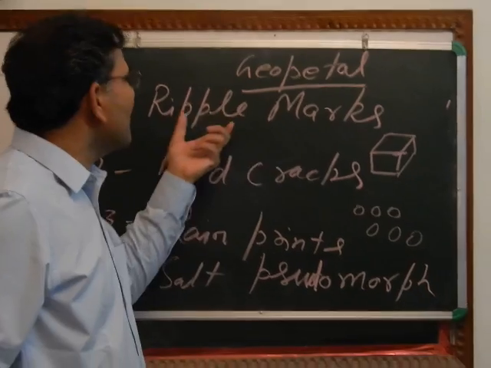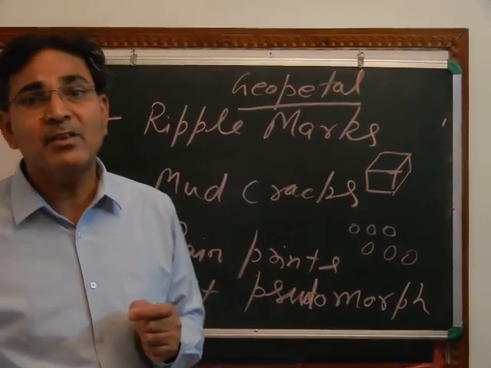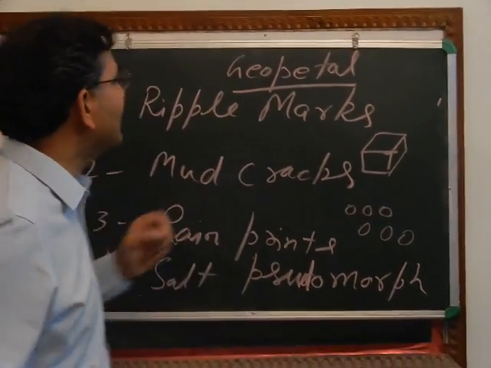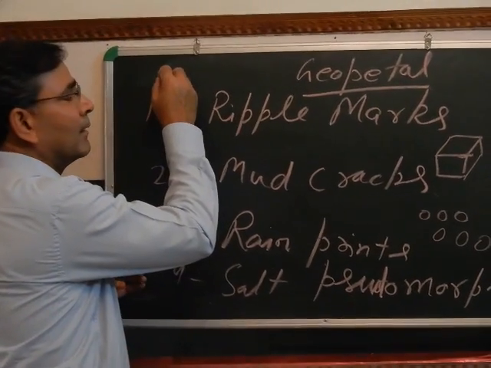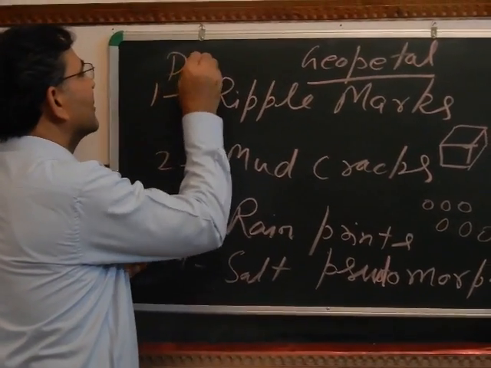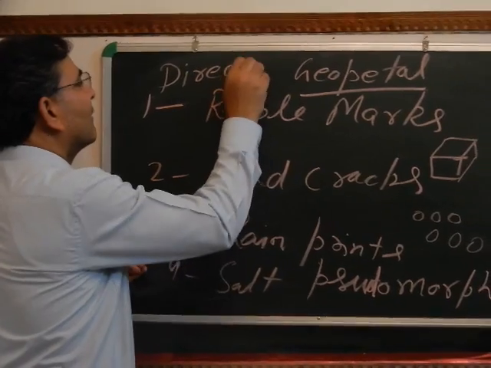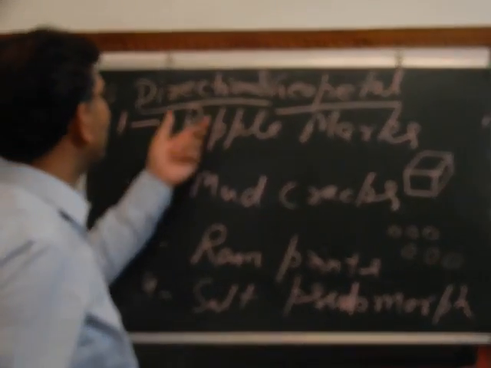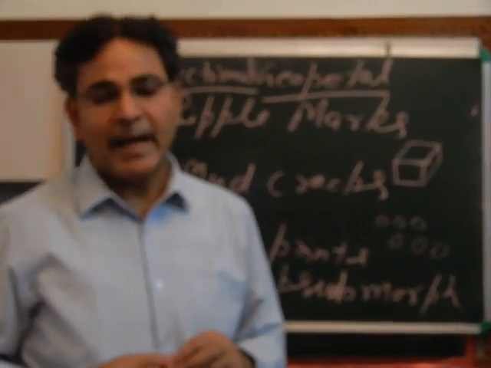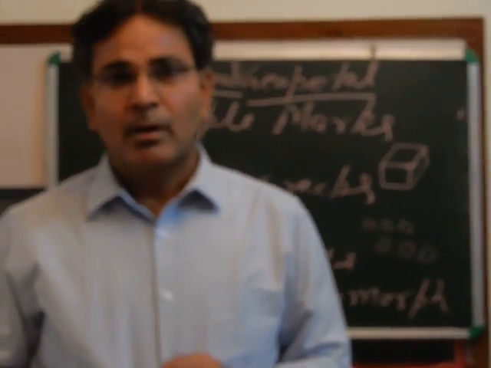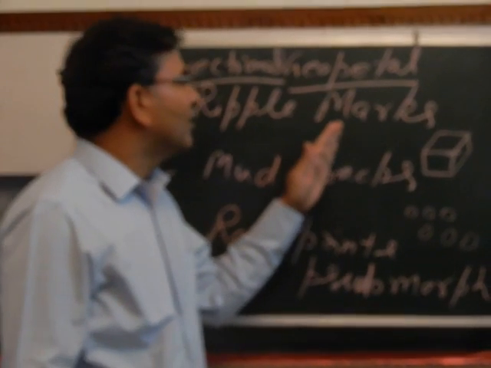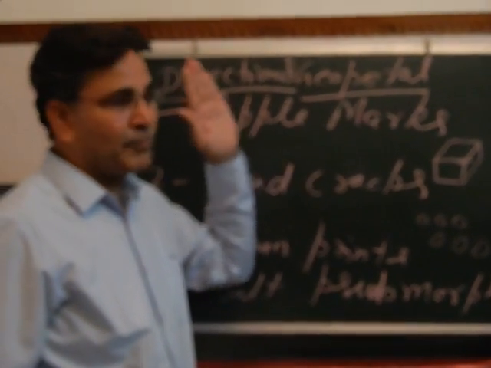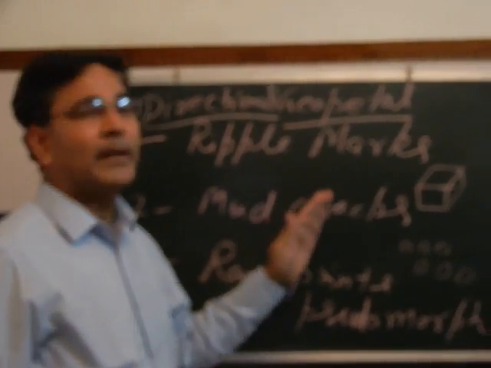Only some ripple marks, especially the asymmetrical ripple marks, can also be used for the analysis of palaeocurrent direction, and that's why the asymmetrical ripple marks are also known as directional sedimentary structures. So this is all about the physical sedimentary structures or the primary sedimentary structures which are formed at the top surface of the bed.